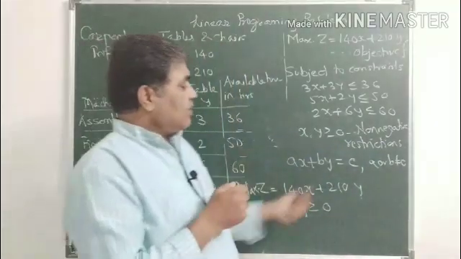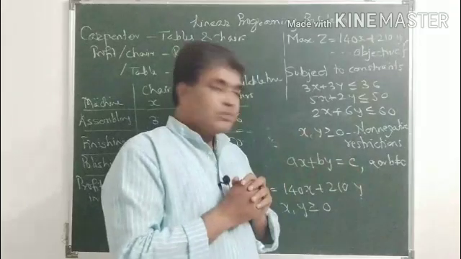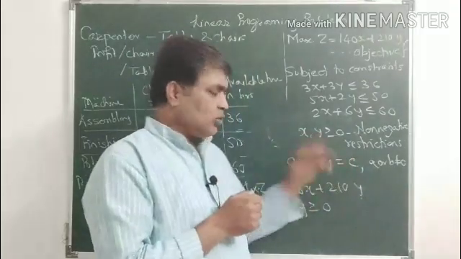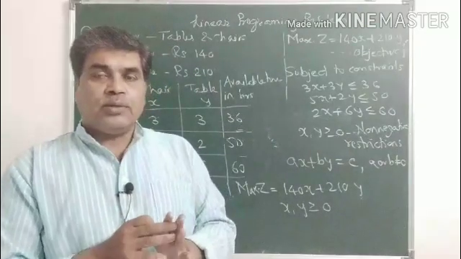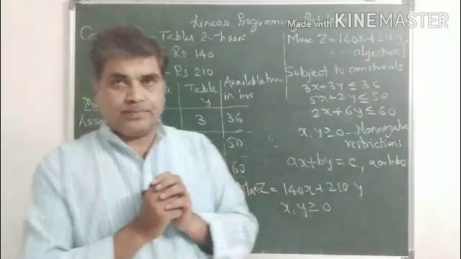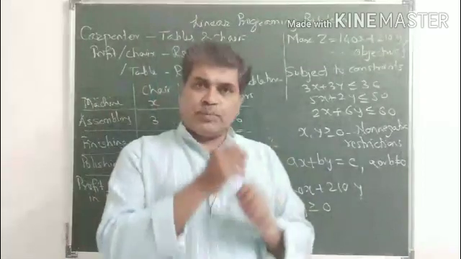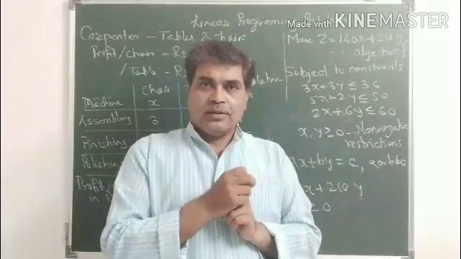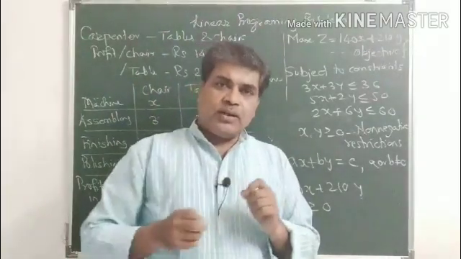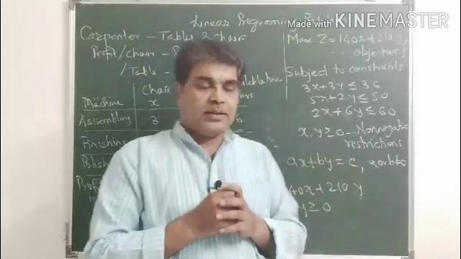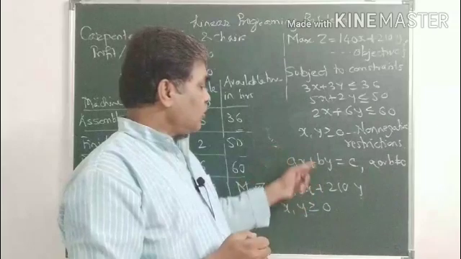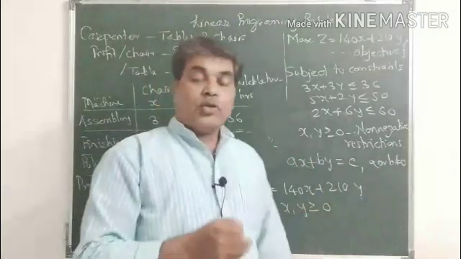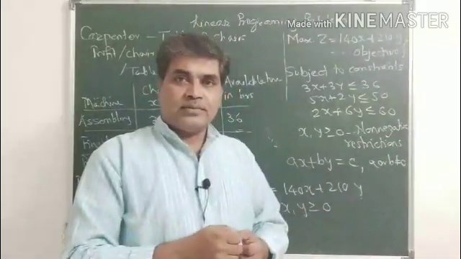Now you will say, what if c is 0? Then ax plus by equal to 0 passes through the origin. Origin is one point on that. To plot the line, we require one more point. What you did in 9th standard to plot a line, you computed 4-5 points.